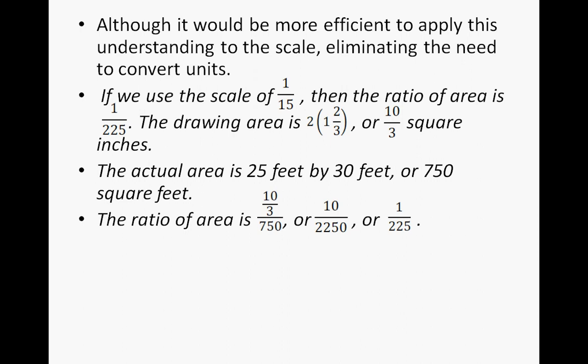And the ratio of the areas is 10/3 to 750 square feet, or 10 to 2,250, because again, 10/3 times the reciprocal of 750, which is 1 over 750, gives us 10 to 2,250, and we can reduce that down to 1 225th. Notice that this corresponds with the ratio when we square this. 1/15 squared is 1 over 225.